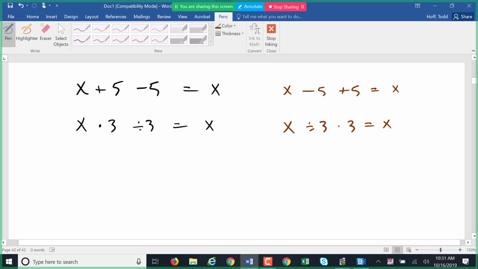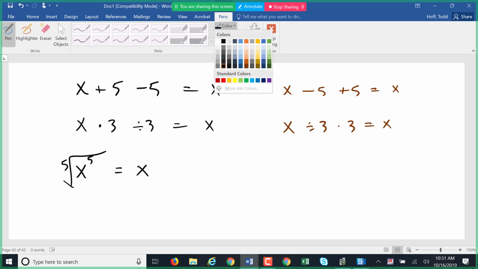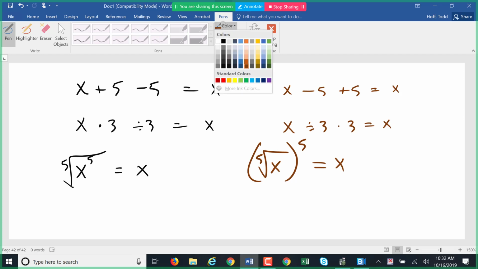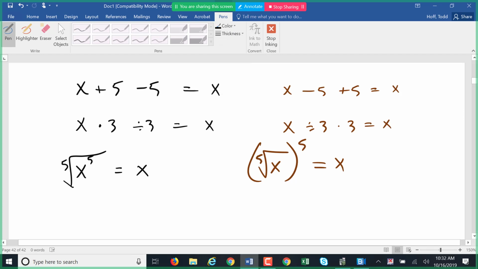On a more complex scale, x to the 5th and then take the 5th root of that gives us back x. Again, in the opposite order, same is true. If I take the 5th root of x, and I take that to the power of 5, the 5th root and the 5th power cancel out, and we get x, no matter what order they're taken in.